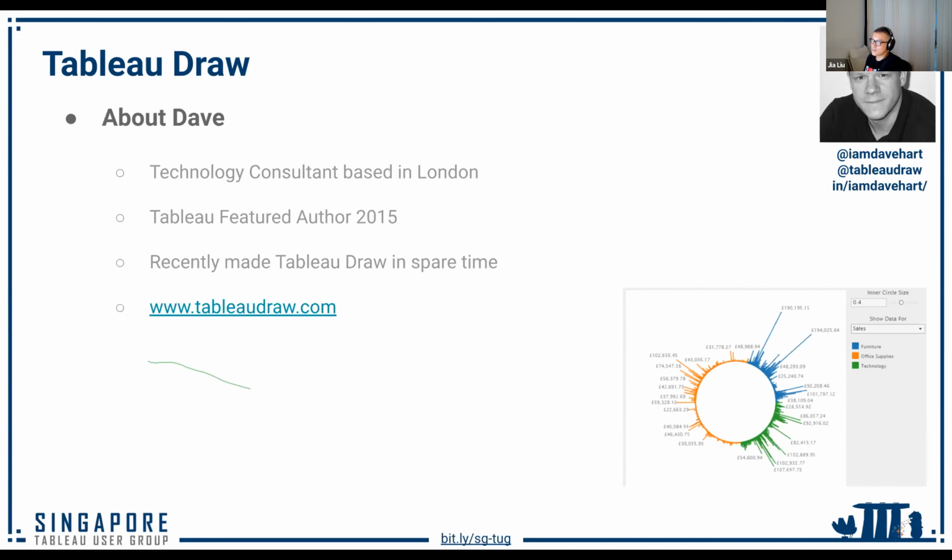One of the bottom left charts there was something that he first wrote about in Tableau and taught folks how to make, that sunburst chart. You can just have a quick Google in Tableau Public and you'll be able to find it. Tableau Draw is a free tool that allows you to do some pretty awesome things with data points and mapping within Tableau. So without further ado, I will pass it over to Dave to say hello and introduce himself.